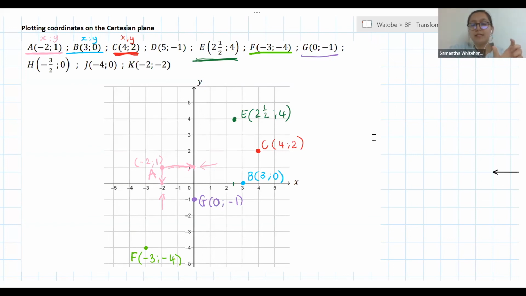And this is why I said to you that your axes are like a number line. So if you imagine where it should be on the number line, you can imagine where you should plot the point when you're working with a decimal. So if I think about my number line for 2.5, this is why Oratile said it should be halfway between 2 and 3, because that's where 2.5 would be on a number line. And so we can work with fractions with that concept in mind.